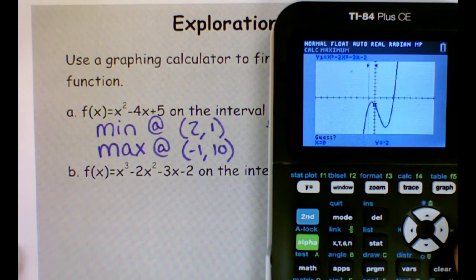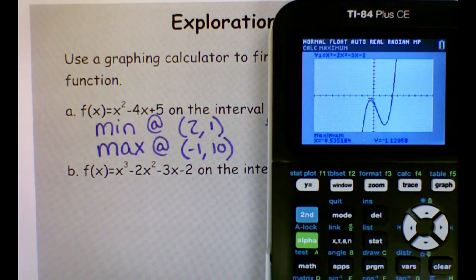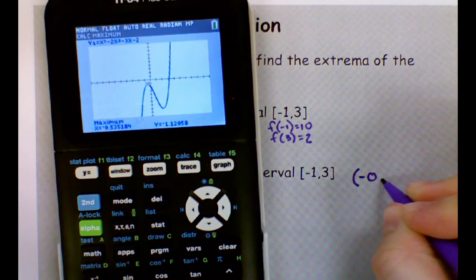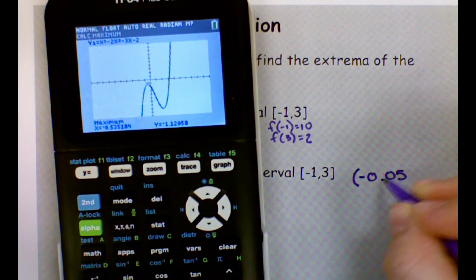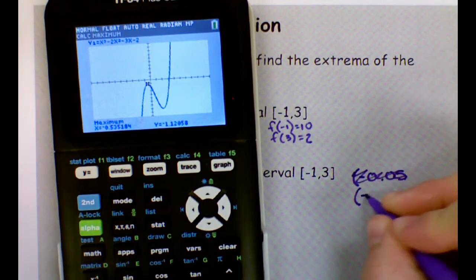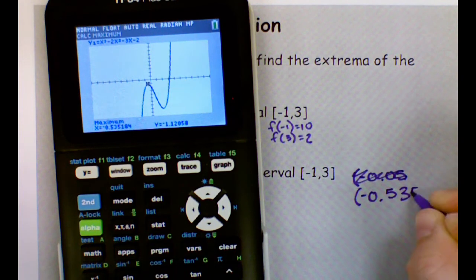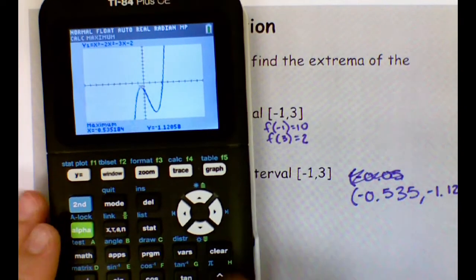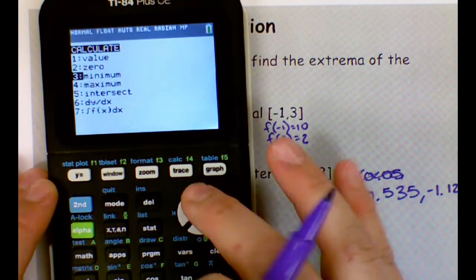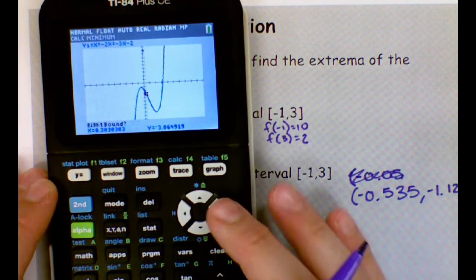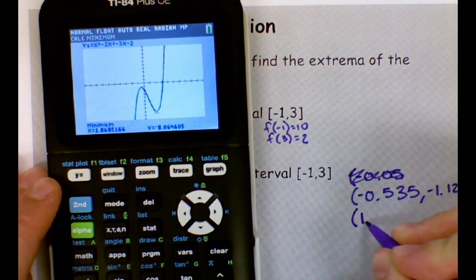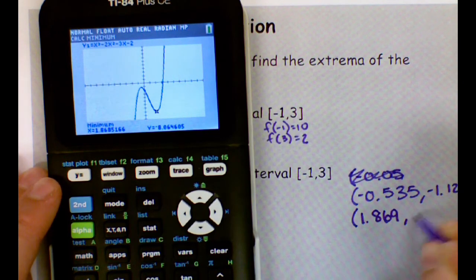All right, I've got, guess, there we go, (-0.535, -1.121). So I'm going to write that point down. And then I'm going to calculate this minimum that I see: (1.869, -8.065).